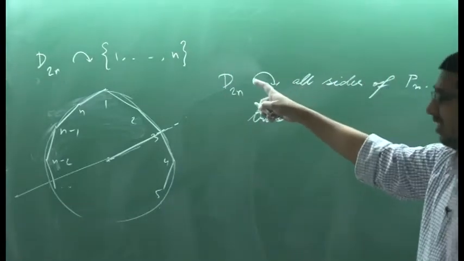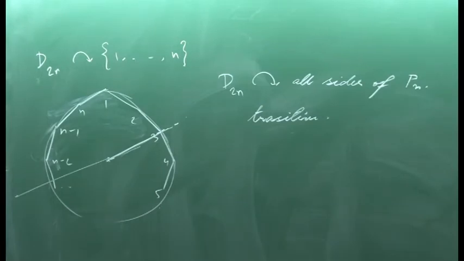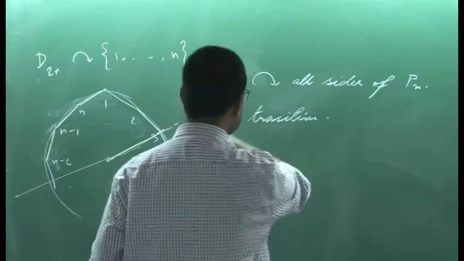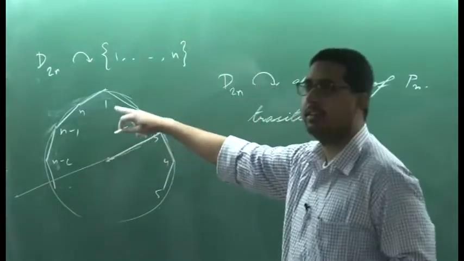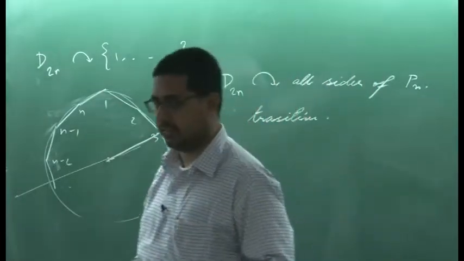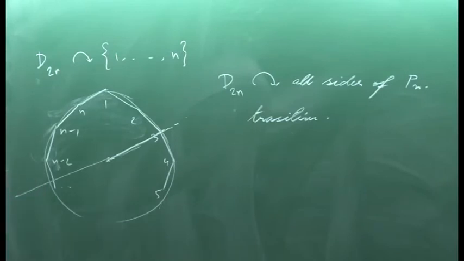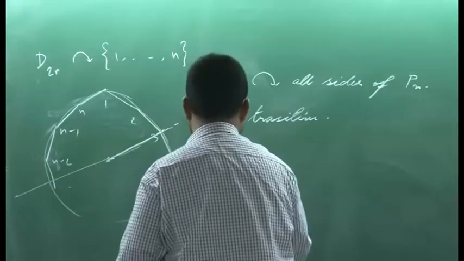So here also the stabilizer of every side will have exactly 2 elements, the stabilizer has order 2. Okay. So given a side, what is the symmetry of the polygon that leaves that side fixed? Let us first take a few special cases, then we will understand.